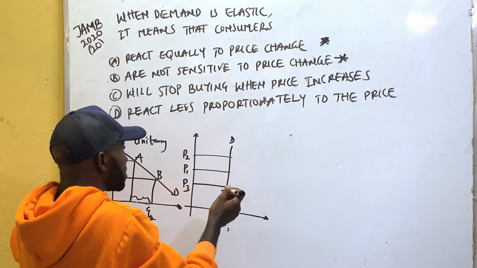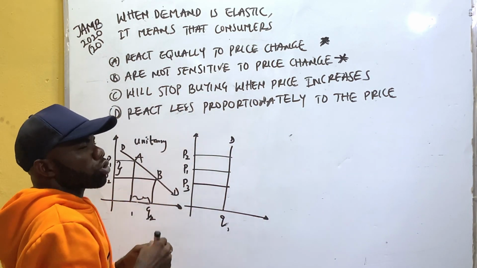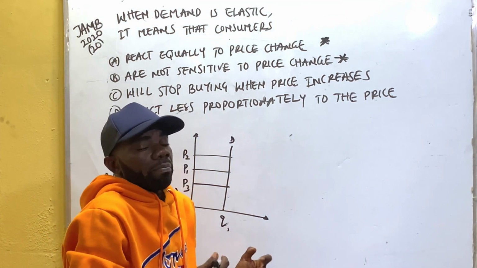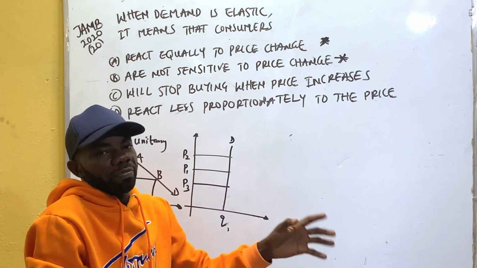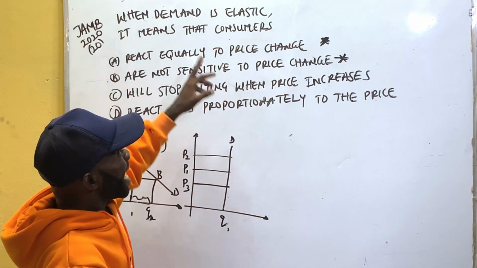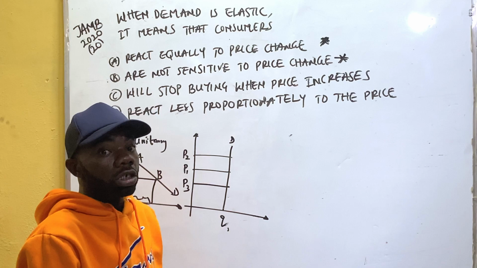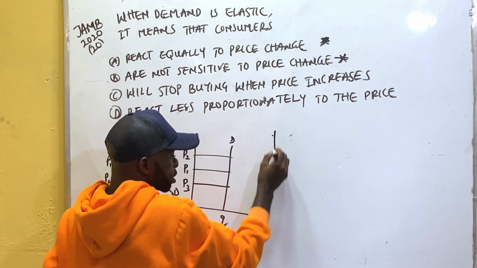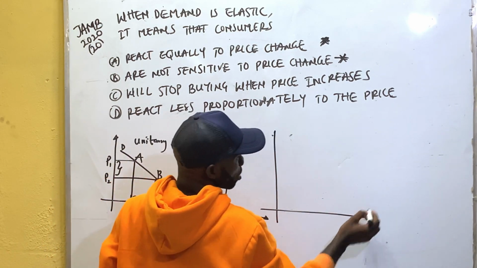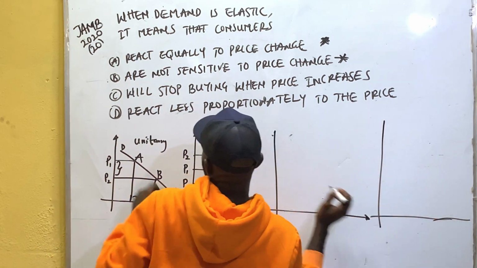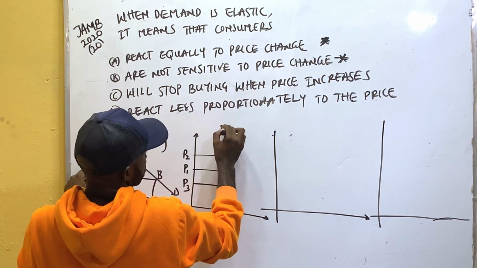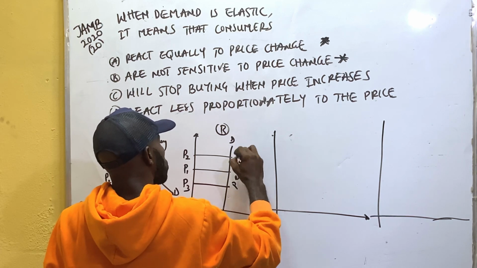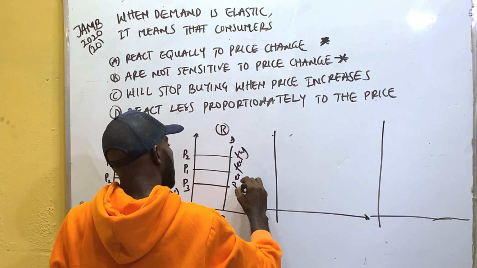Now this means that the consumers are going to run away from buying the commodity, but not as much as expected, which is not true. For elastic, they will run in a large number. And this is a diagram that shows that they will run in a large number. Now this is option A, this is for option B, and this is for perfectly inelastic.